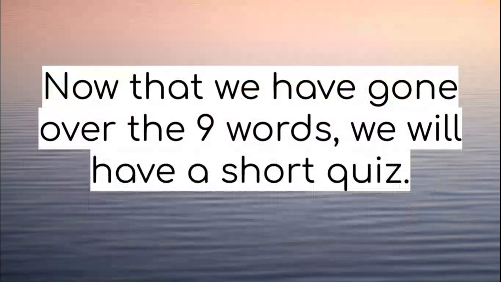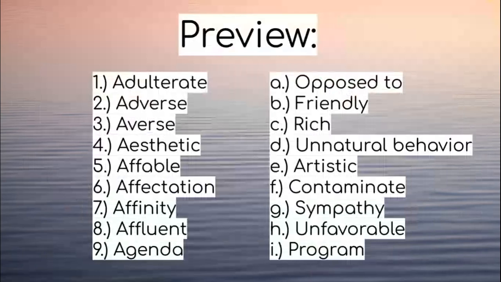Now that we've gone over the 9 words, we will have a short quiz. So to begin with, this is the short quiz, also known as the quick quiz number 4 in the book. You can either choose to stop the video right now and try to label which ones go with which, and then skip forward, or just slowly listen to the video to find the answers.